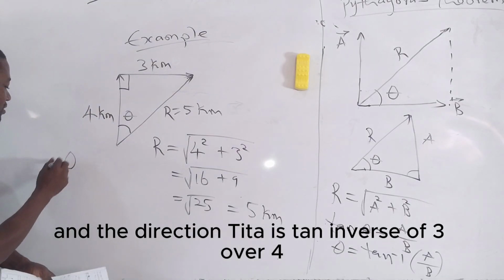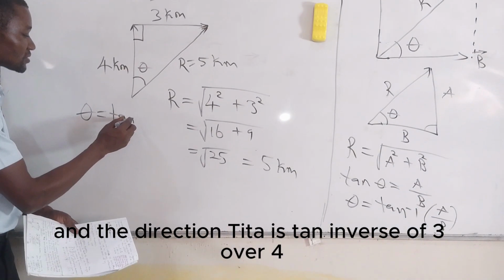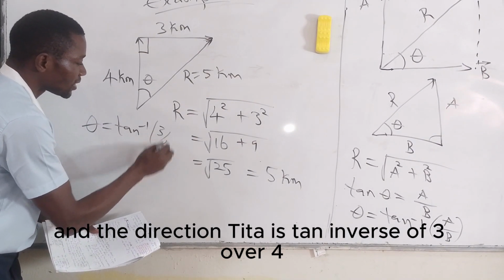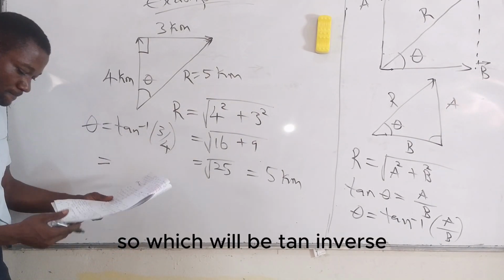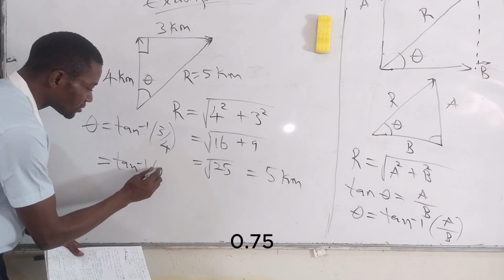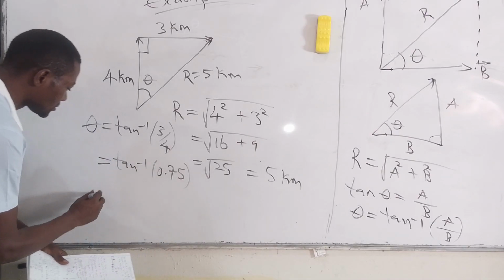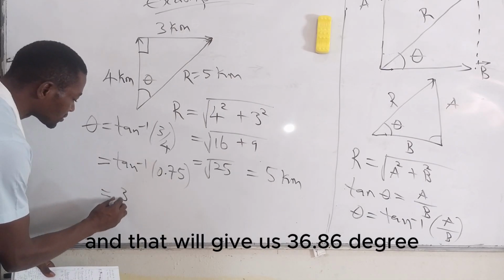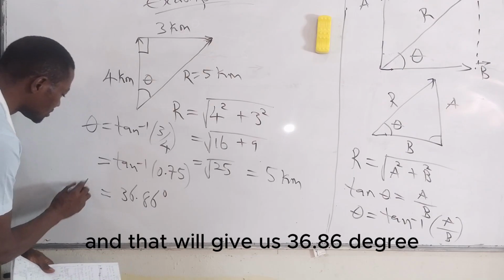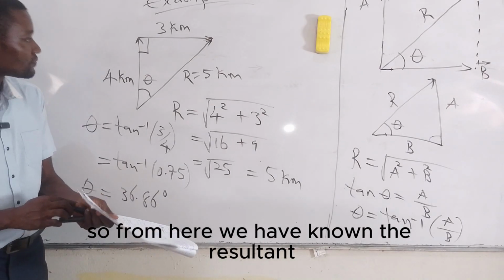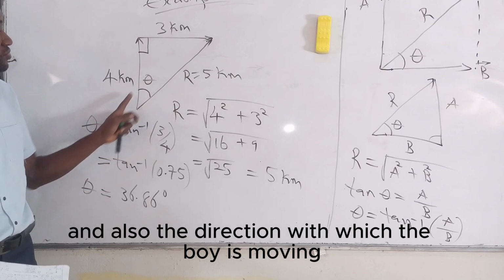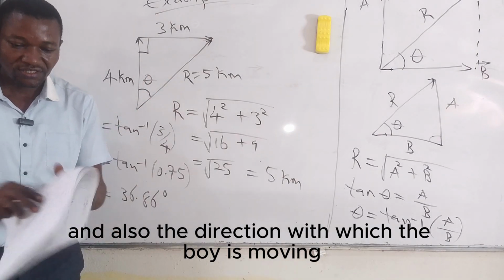The direction theta is tan inverse of 3 over 4, which is tan inverse 0.75, and that will give us 36.86 degrees. So from here, we have known the resultant and also the direction with which the boy is moving.